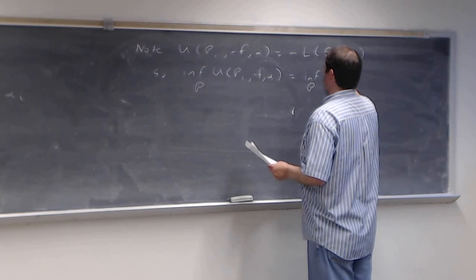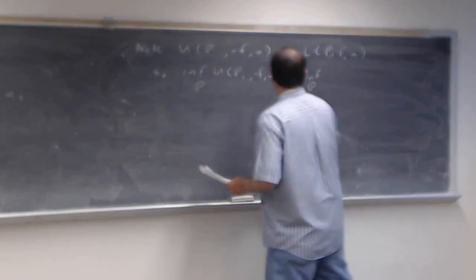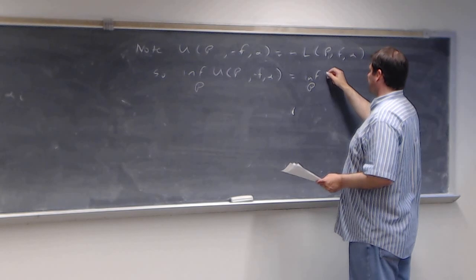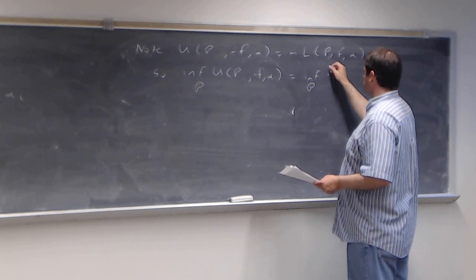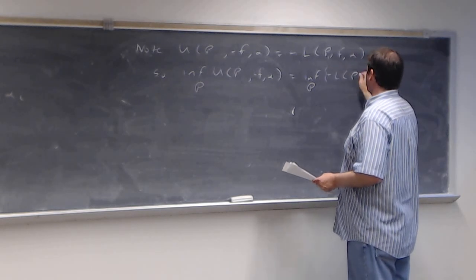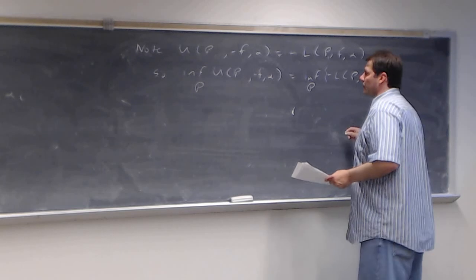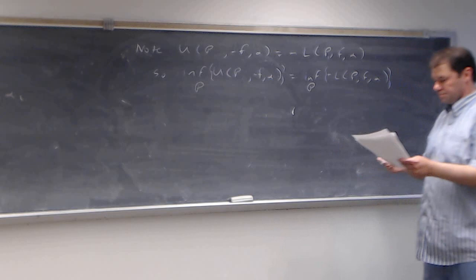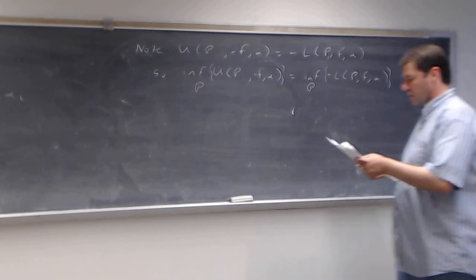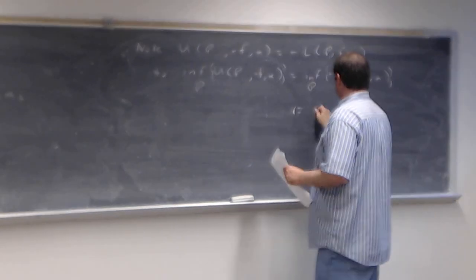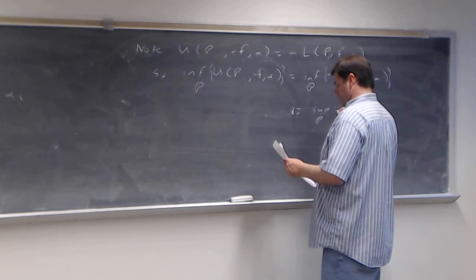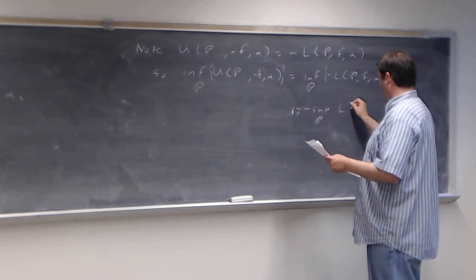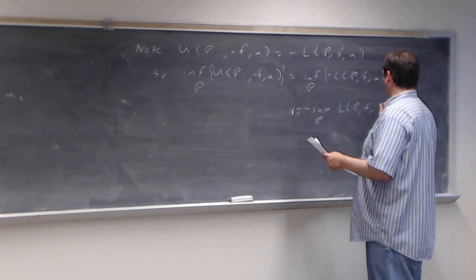So I shouldn't say P sub 1, I should have just said partitions here. Over all partitions of minus L of P, f, α, but this guy is equal to minus the sup over all partitions of L of P, f, α.